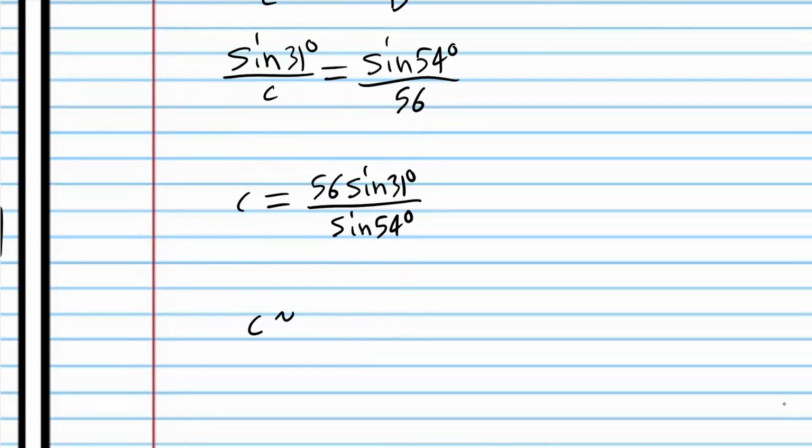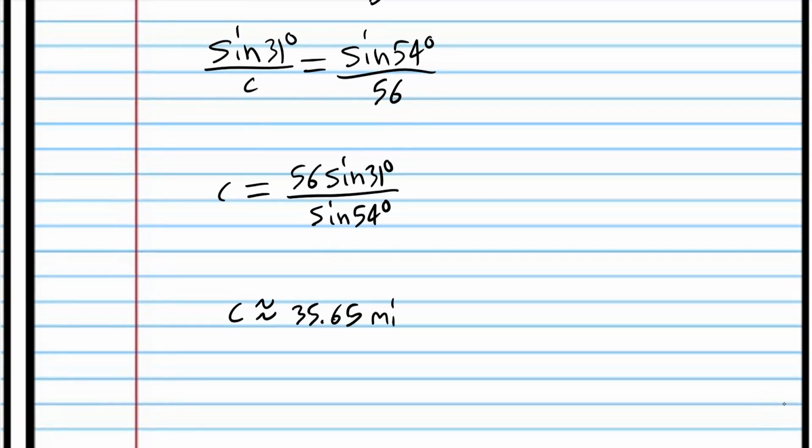And now we can use the calculator. So 56 times sine 31, enter, divided by sine 54, enter. And we get 35.65 miles.